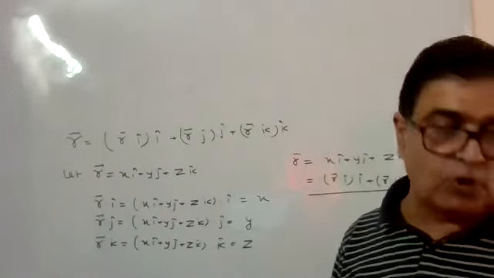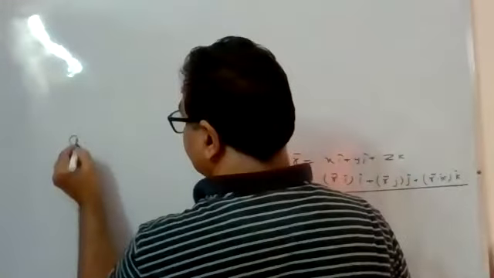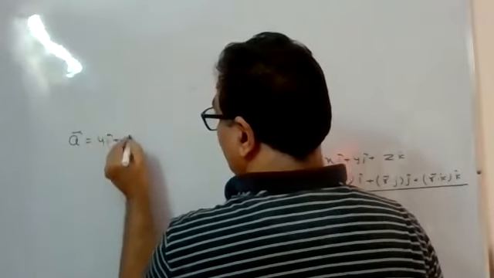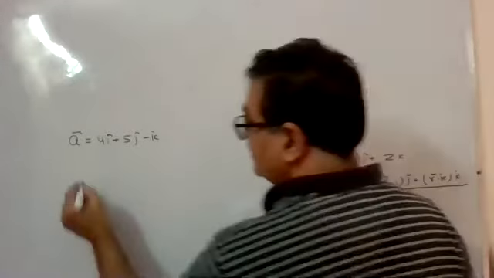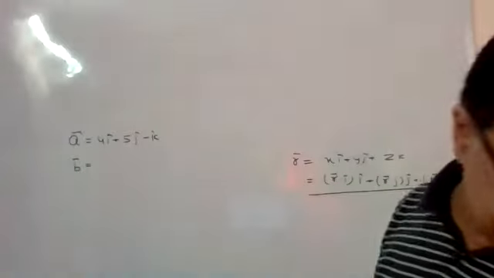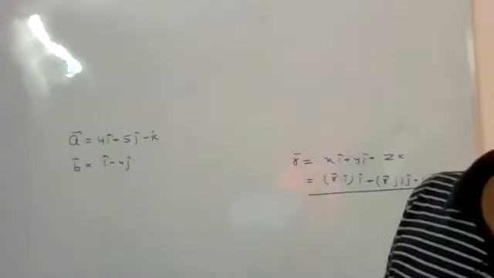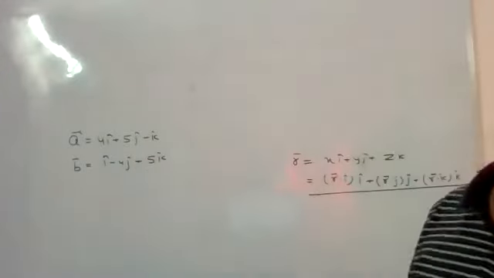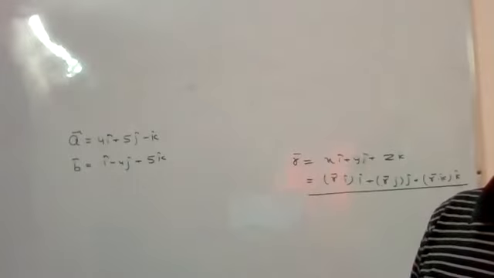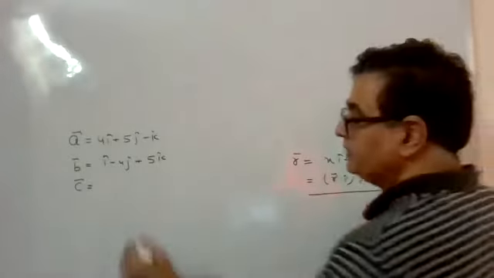If A vector is 4i plus 5j minus of k, and B vector is i minus 4j plus of 5k, C vector is 3i plus j minus k.